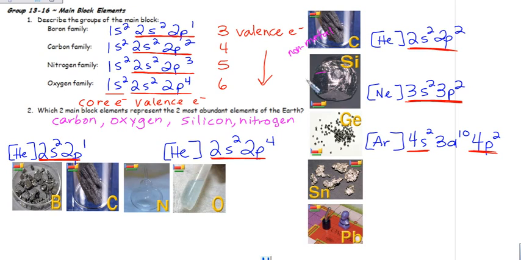Silicon and germanium are both metalloids. They fall along that staircase of having properties similar to both metals and non-metals. We'll look at some silicon in the lab. Then finally you get down to the way bottom of this group and you will find metals. Tin and lead are very metallic. That's kind of an interesting little tidbit.